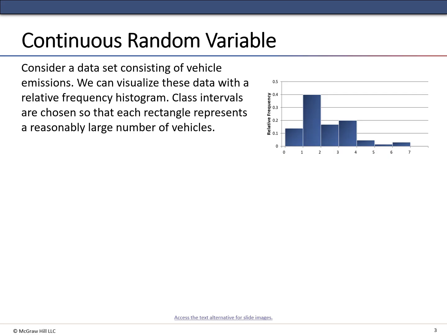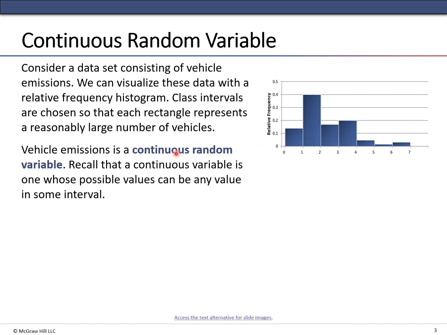So the first thing we're looking at is a continuous random variable. Consider a data set consisting of vehicle emissions. We can visualize these data with a relative frequency histogram, which you see on the right. Class intervals are chosen so that each rectangle represents a reasonably large number of vehicles.